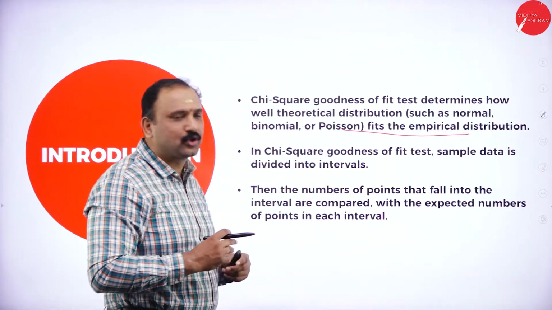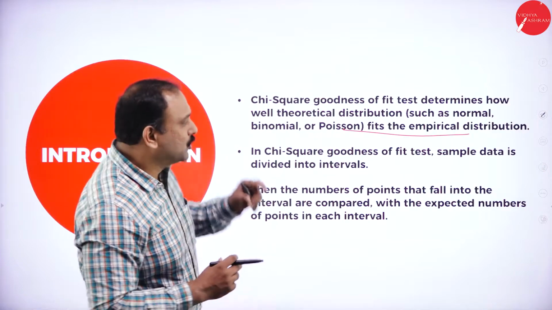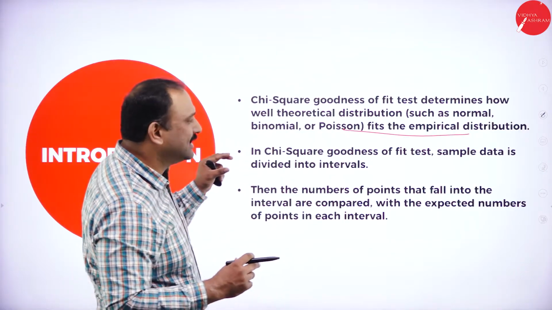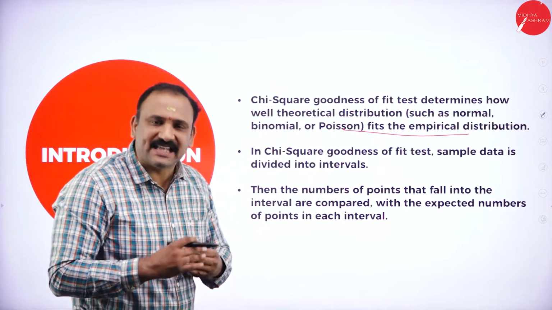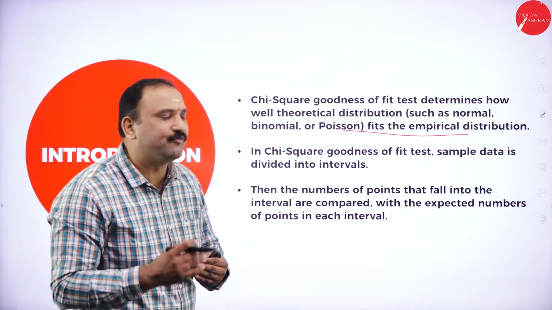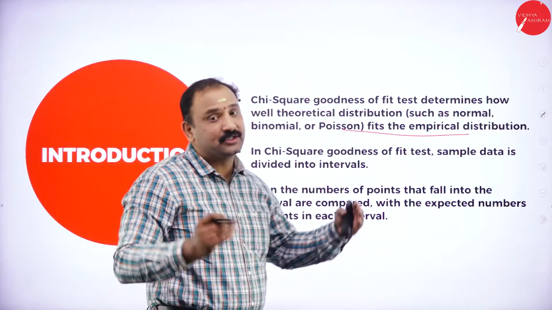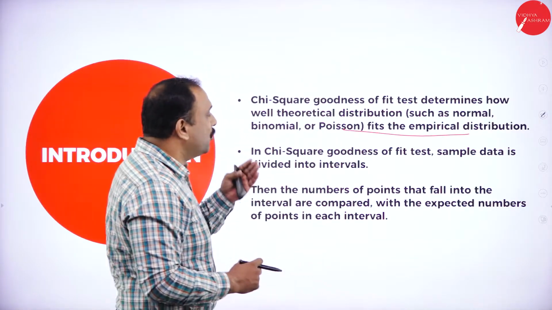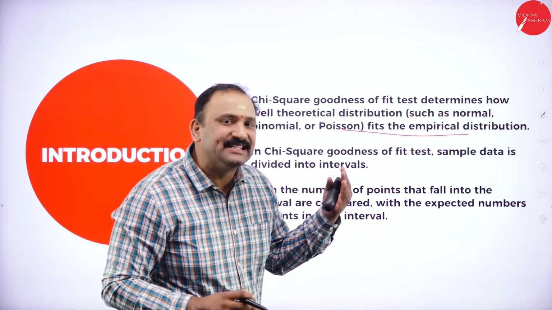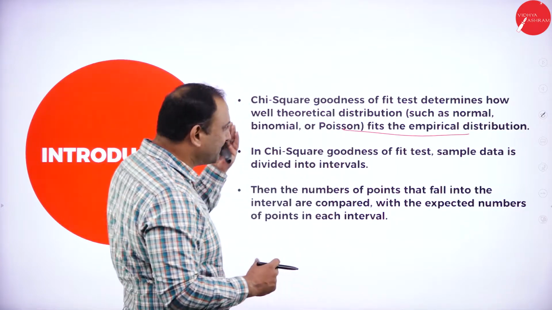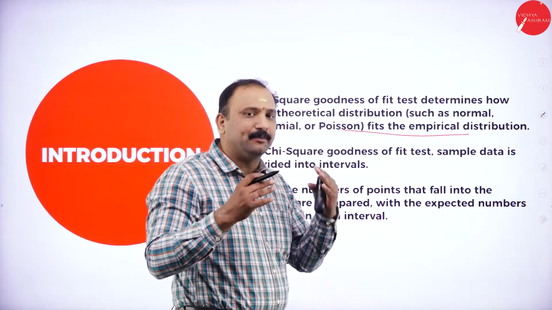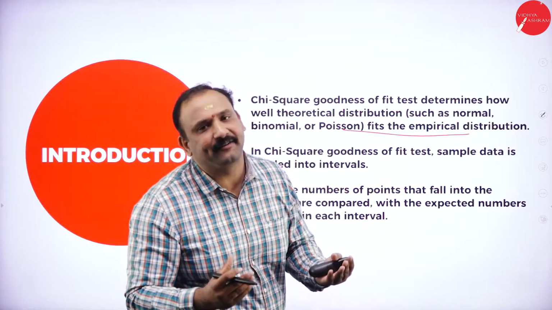In the chi-square goodness of fit test, the one thing that we have to understand is the concept called sample data. The sample data is divided into intervals, which is very important for all of us to know. Why? Because once the sample data is divided, it is able to find out how it is getting to match, then automatically we will come to know where exactly the data fits in.